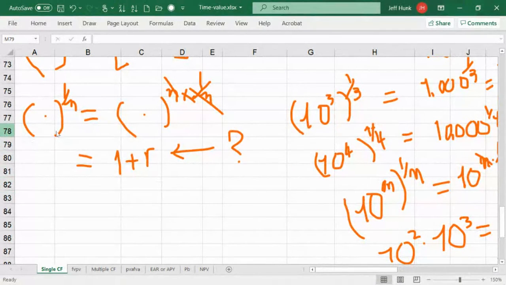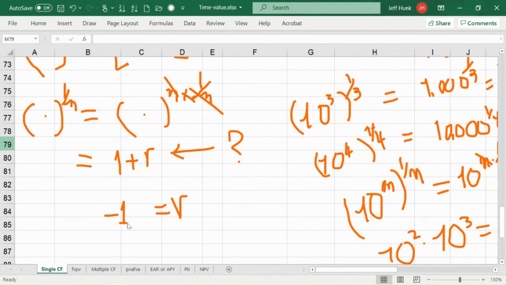So that way, the left-hand side is now the nth radical, 1 over n. The right-hand side is freed up. Since we want to know R, we're solving for R only, we isolate R. To isolate R, what do you need to do? You must subtract 1 from both sides.